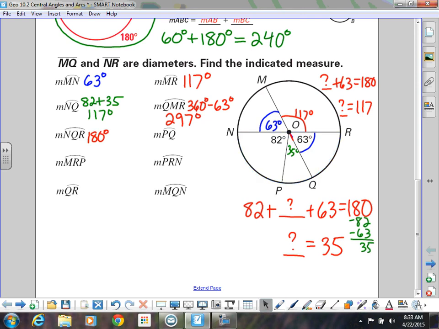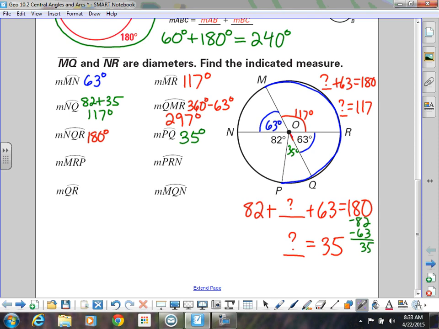All right, PQ. PQ is just this little bitty piece, so that's going to be the 35-degree angle. And then MRP. For MRP, I have to go around this way. That goes past 180 and then there.